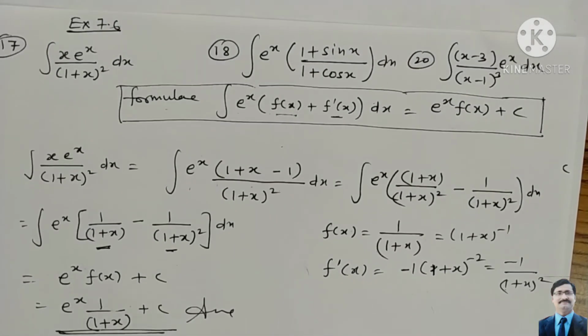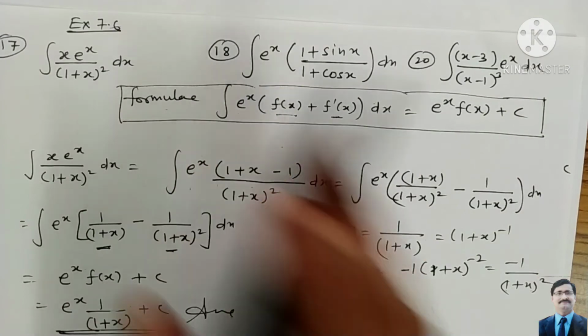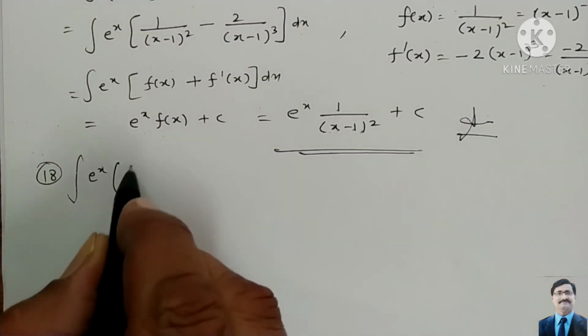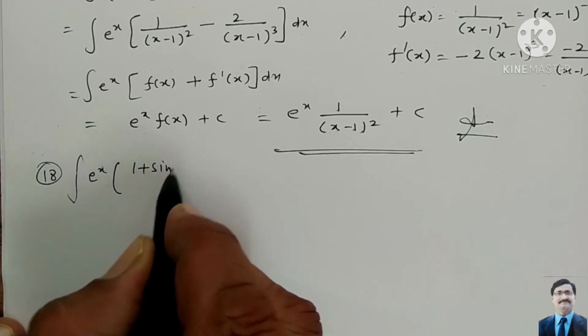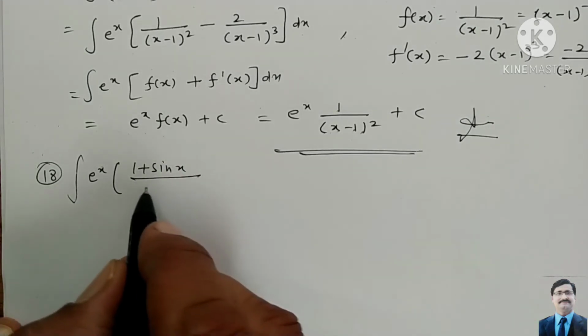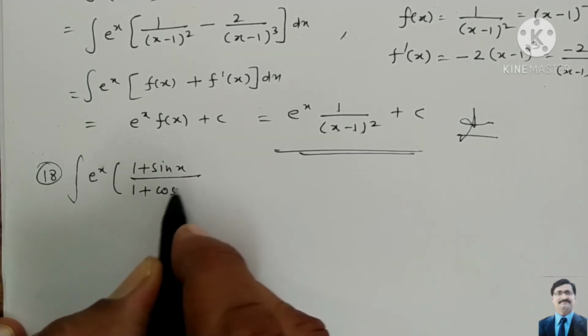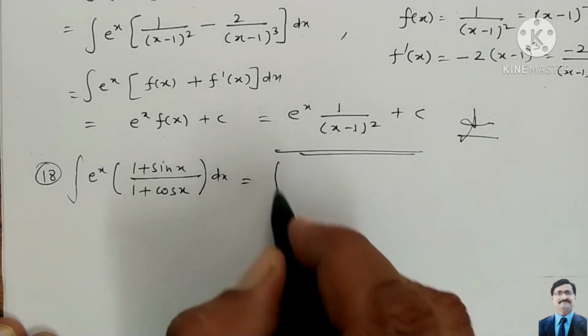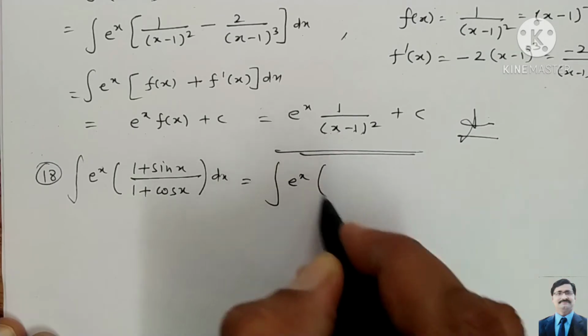Now we will do question number 18. Number 18 is the integral of e^x (1 + sin x)/(1 + cos x) dx. So look here, we can write in separate format.